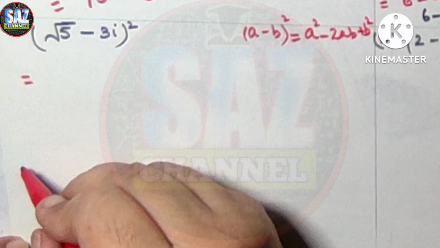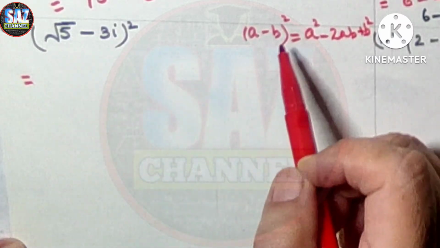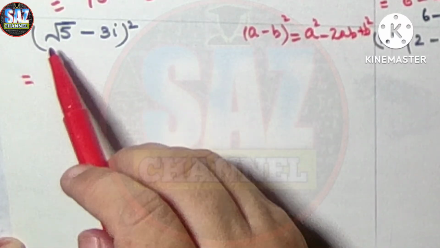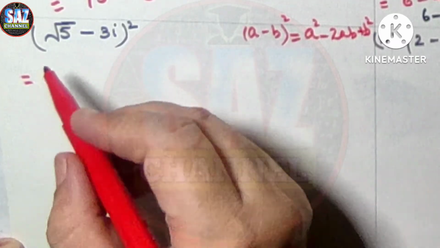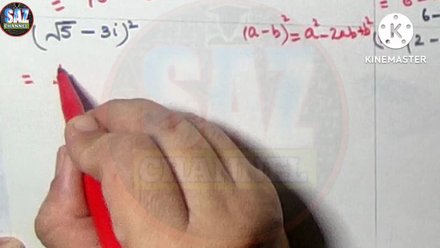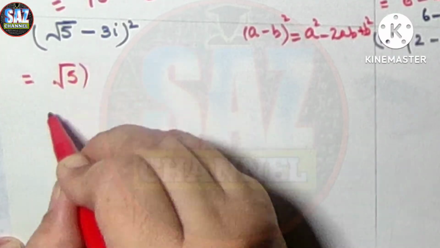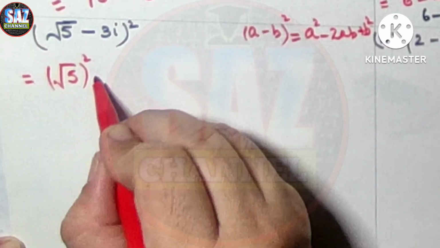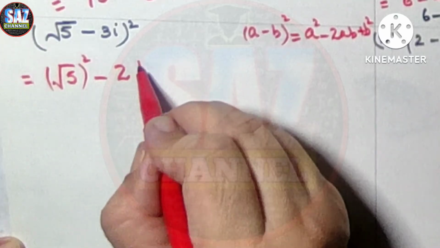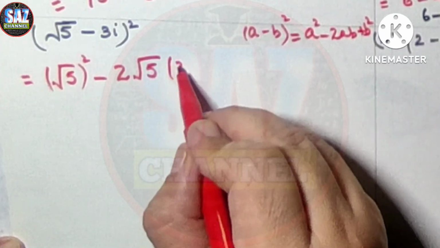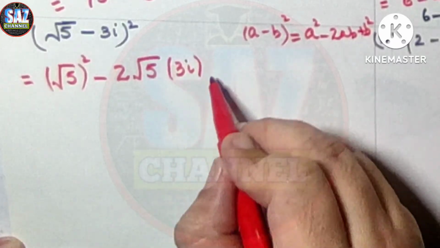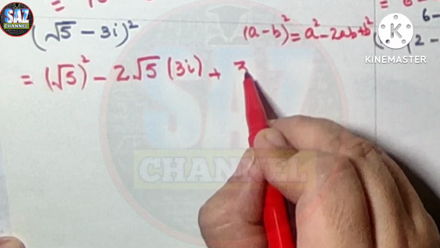So according to this formula, a is square root 5 and b is 3 iota. So the question will take the form square root 5 squared minus 2 into square root 5 multiplied by 3 iota plus 3 iota whole square.